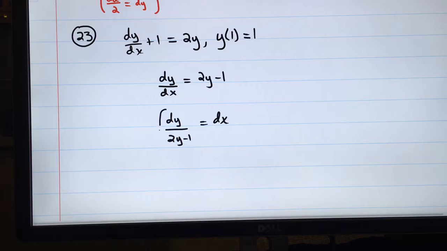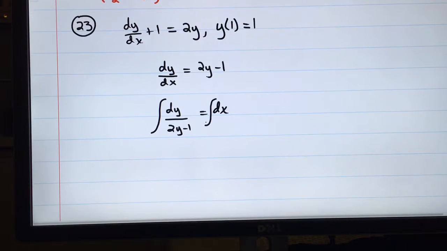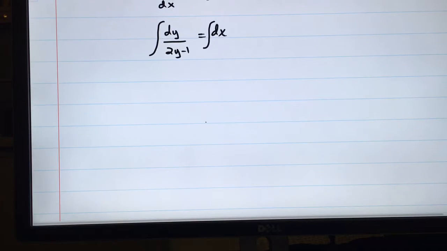And here, once again, we can integrate over both sides. And if you notice, from earlier, I start out with the antiderivative of the reciprocal of 2y minus 1. And again, so we have 1/2 the natural logarithm of the absolute value of 2y minus 1 is equal to x plus c.